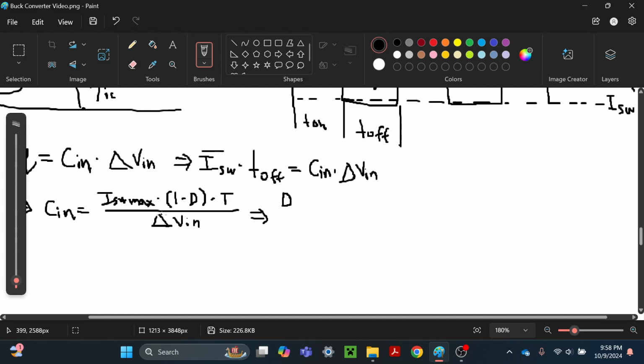So I switch max is going to be equal to duty times I out max.